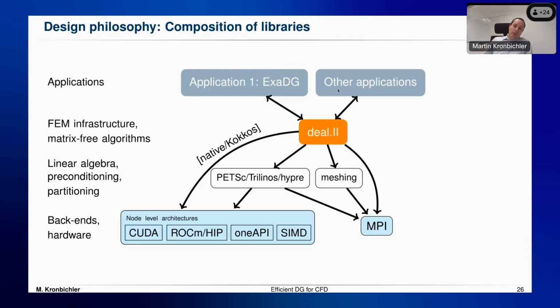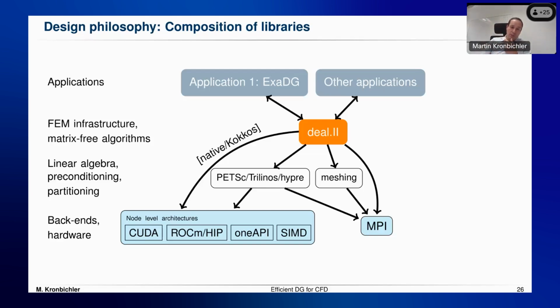Now, deal.II, of course, is a library which focuses on finite element methods, including matrix-free algorithms that I'm going to discuss a bit later. But of course, we have other libraries sitting underneath it. We're going to use PETSc or Trilinos for linear solvers, maybe. We use Hypre as an algebraic multigrid preconditioner in certain contexts. We have meshing libraries like Metis or p4est or similar techniques. And eventually, all of those libraries are also going to be building on top of other software layers.